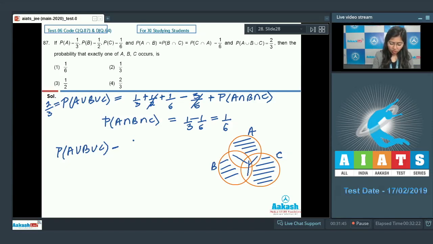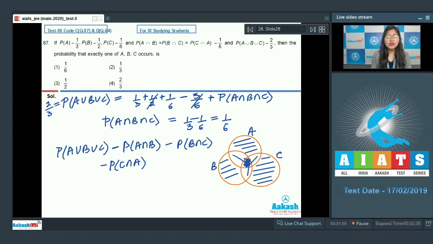So it will be minus probability of A intersection B, minus probability of B intersection C, minus probability of C intersection A. Now this area has been subtracted 3 times and we wanted to subtract it 1 time.